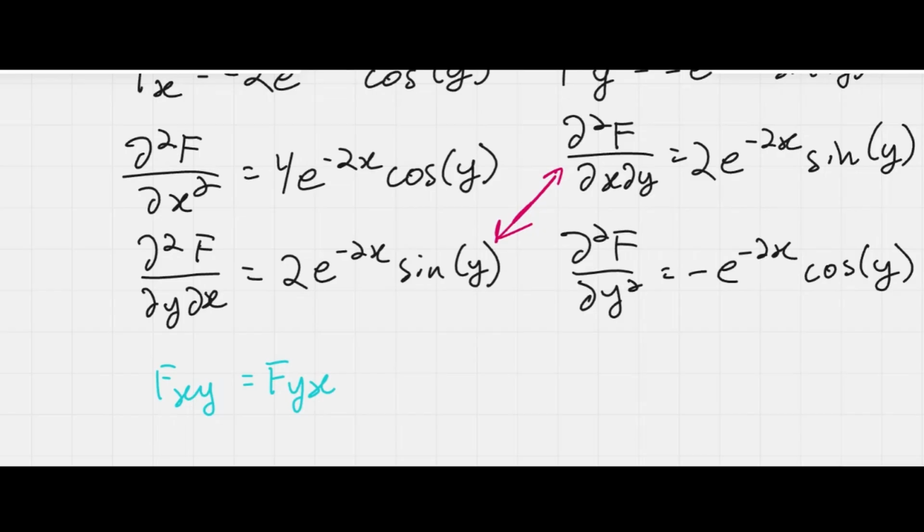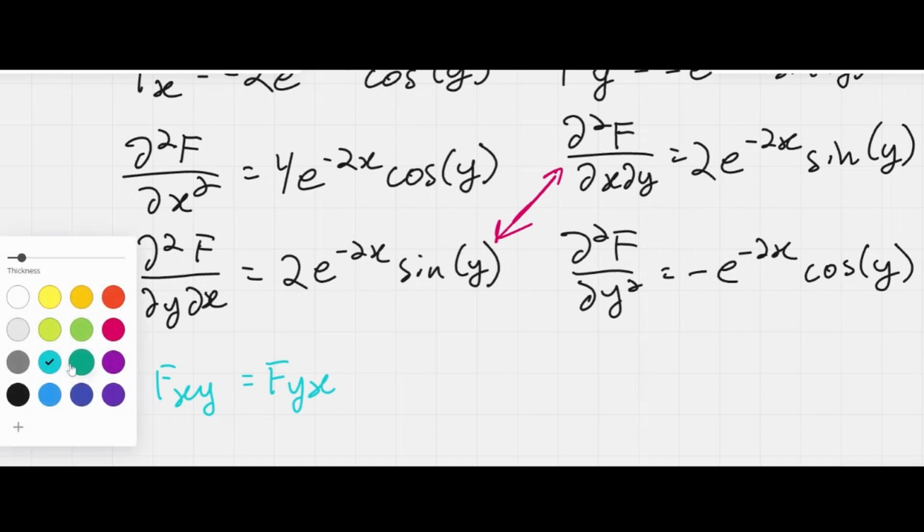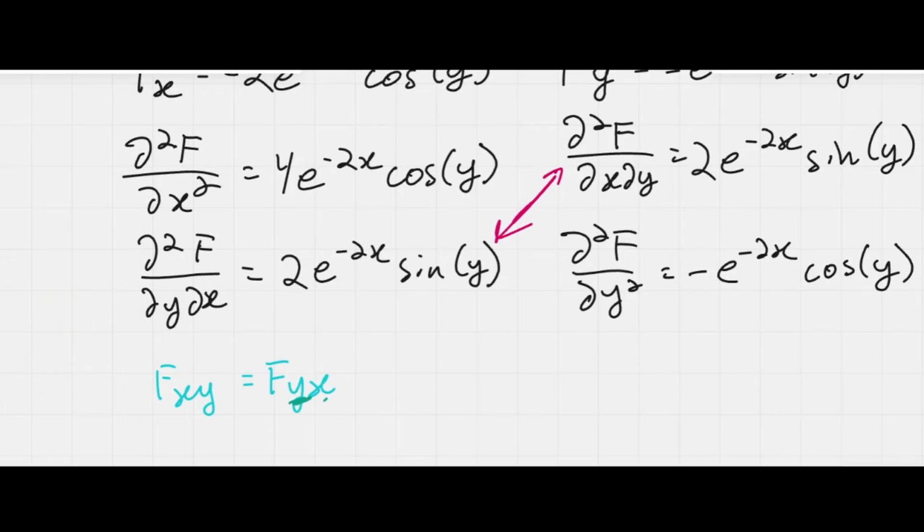Then what it's basically saying is that the partial derivatives with respect to x, y are going to be equivalent to the partial derivatives with respect to y, x. And what that means in layman's terms, essentially, is that order doesn't matter when you're taking partial derivatives, okay? You can take the partial derivative with respect to y first, and then with respect to x, or you can do it with respect to x first, and then with respect to y. You're going to get the same answer either way.